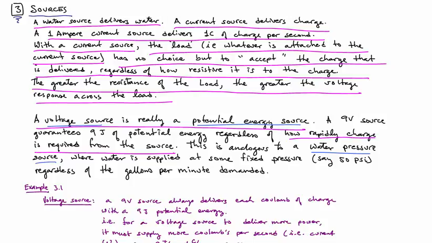So we'll talk about ideal sources, which are non-existent in the real world, but there are sources that are close to ideal, at least within the confines of a particular application or use of that source. So we can say, this source, from the vantage point of this type of load, really does look like an ideal voltage source or current source.